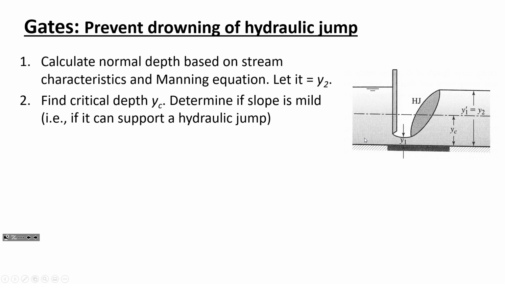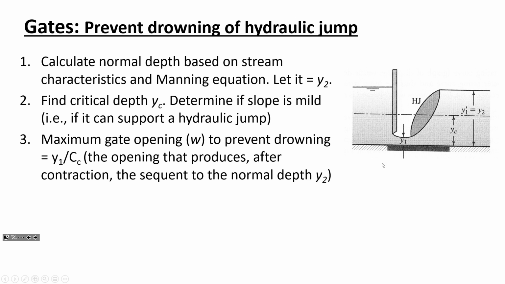Because if this was a steep channel, steep enough to support supercritical flow, then the water comes from underneath the underflow gate and will stay supercritical. It only experiences a hydraulic jump if this is a mild slope. Mild here being a technical term, meaning that the slope is less than the critical slope.